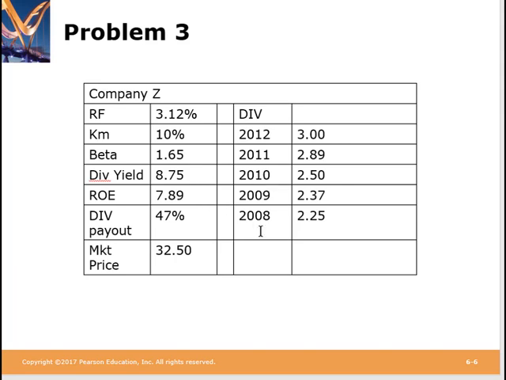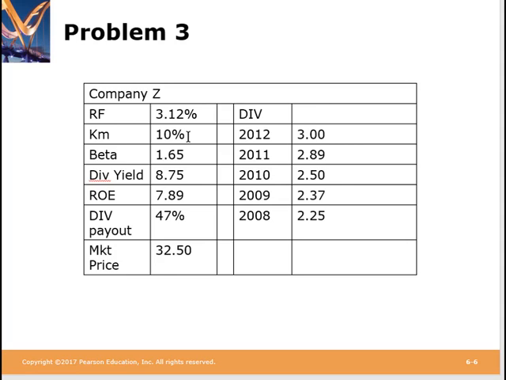So if we look at some data that we can gather for a company, right? We can find the risk-free rate of return in a variety of places that we talked about in class. The average return in the stock market, we saw some data that said that number could be somewhere between 9 to 11 or 12%.